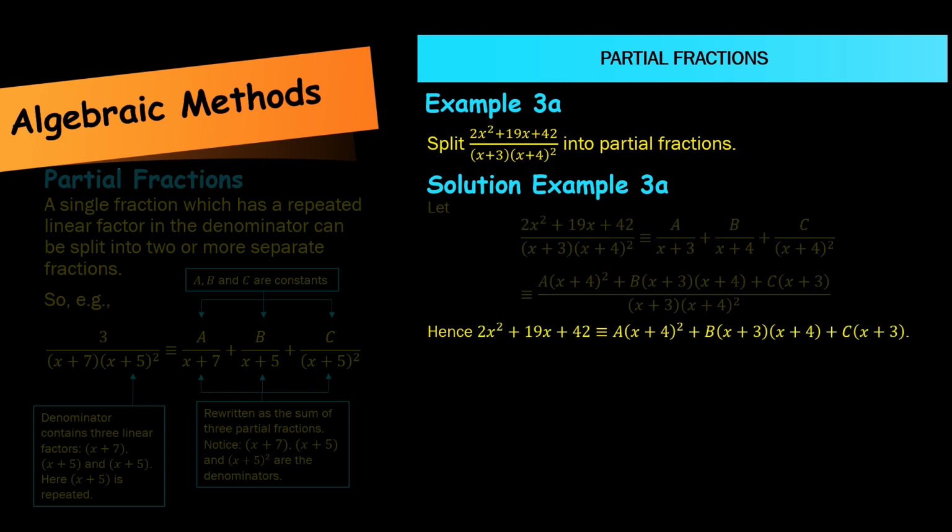When x equals -4, this is going to allow us to calculate the value of c, because the a term and the b term will disappear.